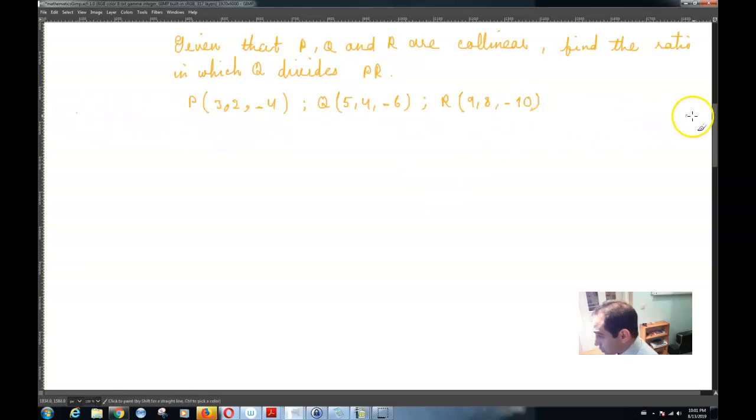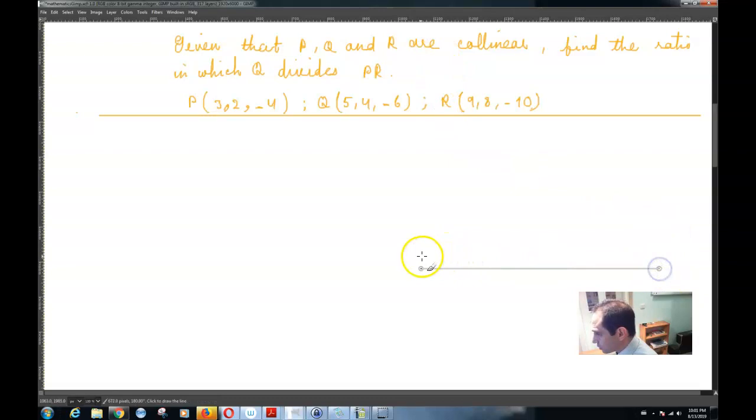Now, in order to solve this problem, first let's do a simple diagram and see what this problem is all about.